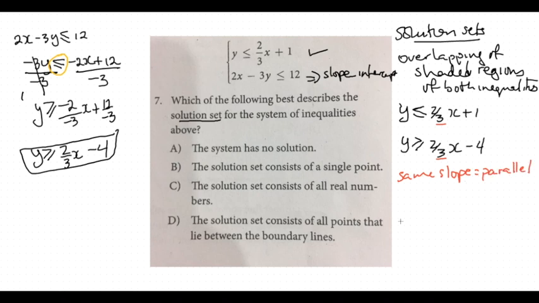Very important. So if I were to roughly draw this, just out of scale, my parallel lines look like this, where let's say this is line B and this is line A. Why am I labeling line A and B?